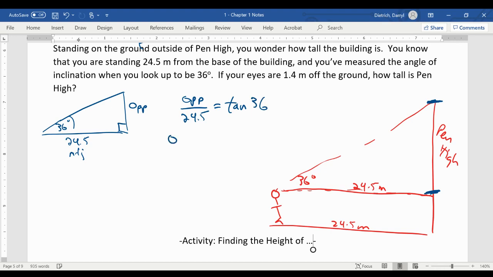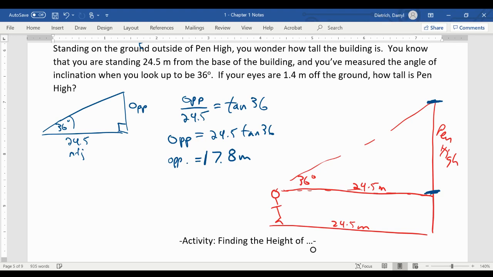If we plug and chug now, we can multiply both sides by 24.5, and we find that the side of that triangle would be 17.8 meters tall.